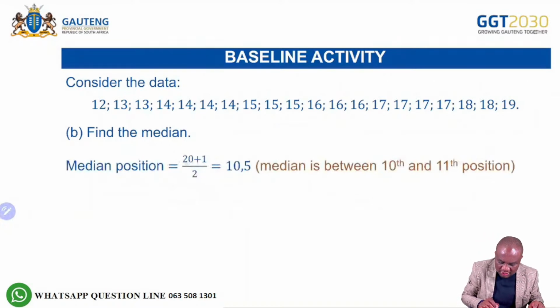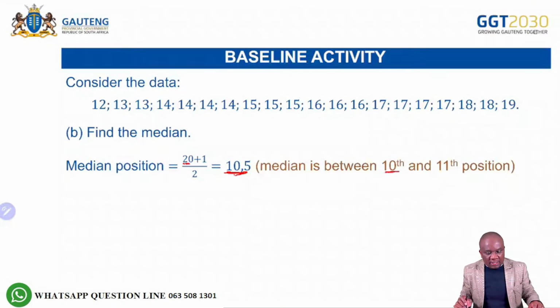Here we have 20 data items, so it's 20 plus 1 divided by 2, which is 10,5. This tells us that the median is between the 10th mark and the 11th mark.